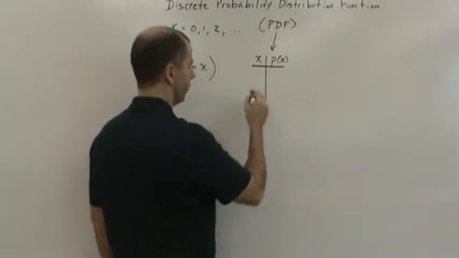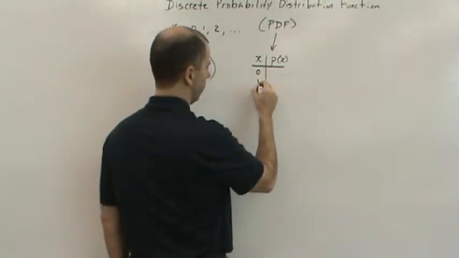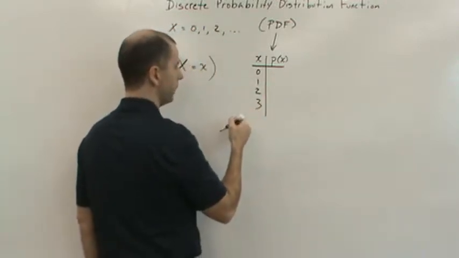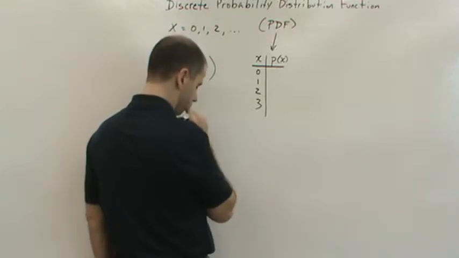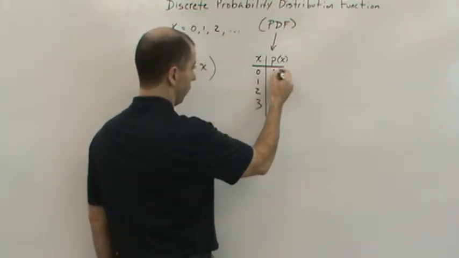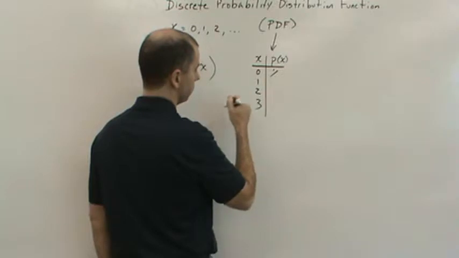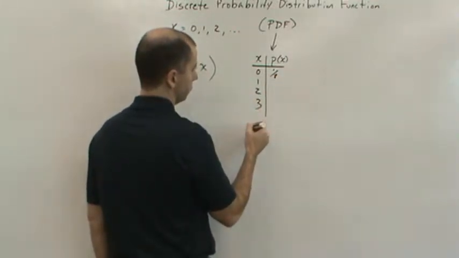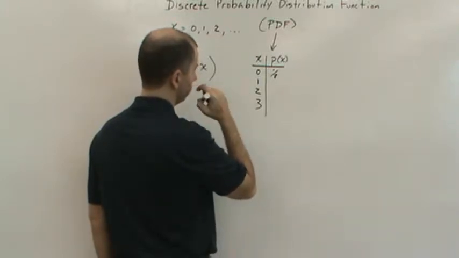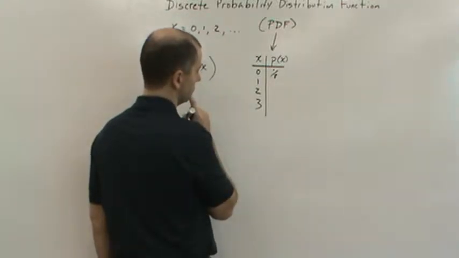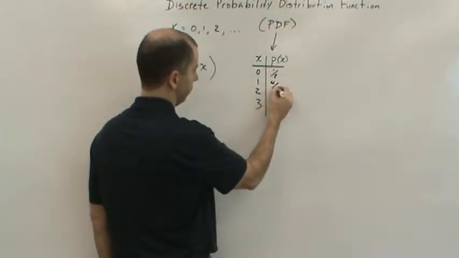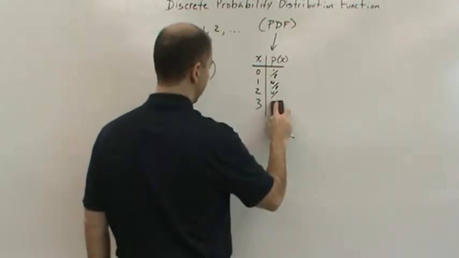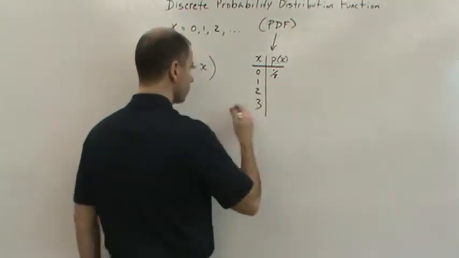So we would have, let's say, 0, 1, 2, and 3, and we might have the corresponding probabilities as 1 out of 8, then 3 out of 8.